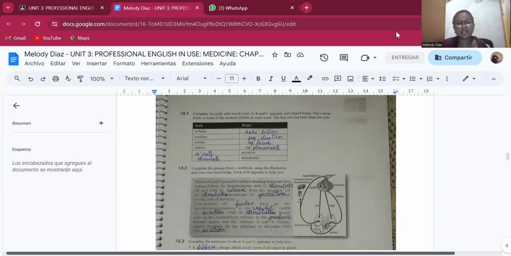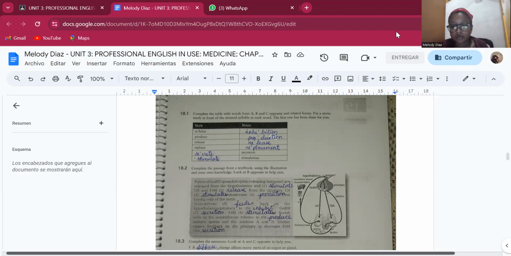Unit 18. Complete the table with words from A, B, and C opposite and related forms. Put a straight mark in front of the stressed syllable in each word. The first one has been done for you. Verb inhibit, noun inhibition.